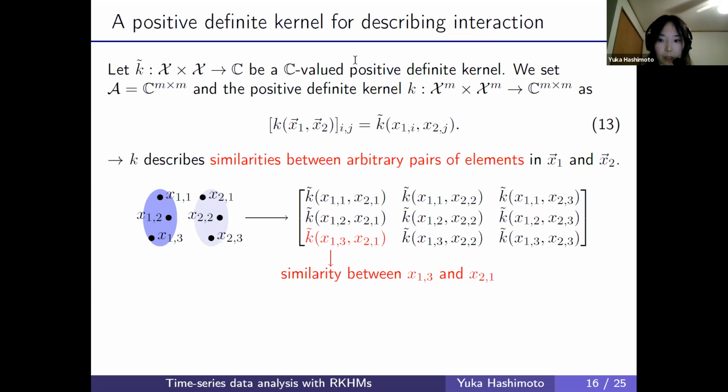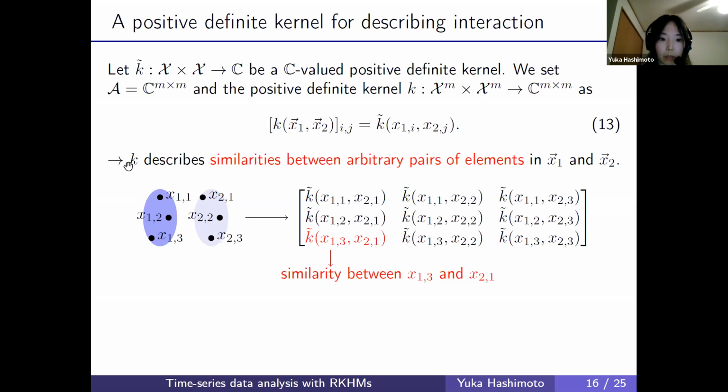And to describe interactions between elements in a dynamical system, we consider a matrix valued positive definite kernel. Here, let k tilde be a complex valued standard positive definite kernel. And then we set a matrix valued positive definite kernel like equation number 13. Here, the ij element of k(x1, x2) describes the similarities between the ith element of x1 and the jth element of x2.